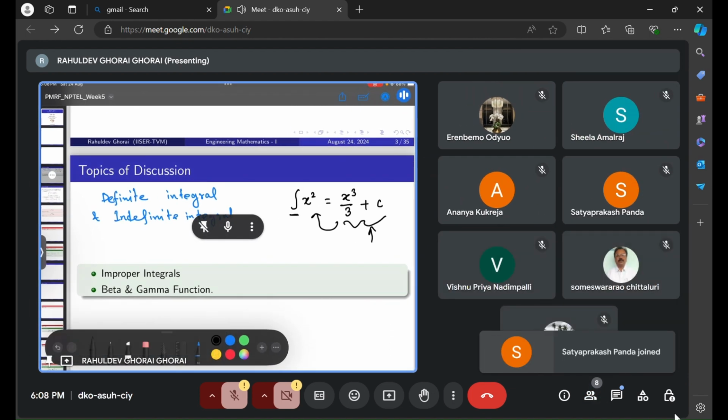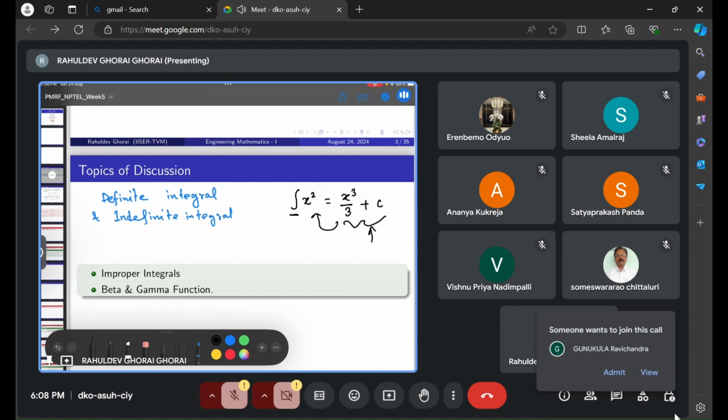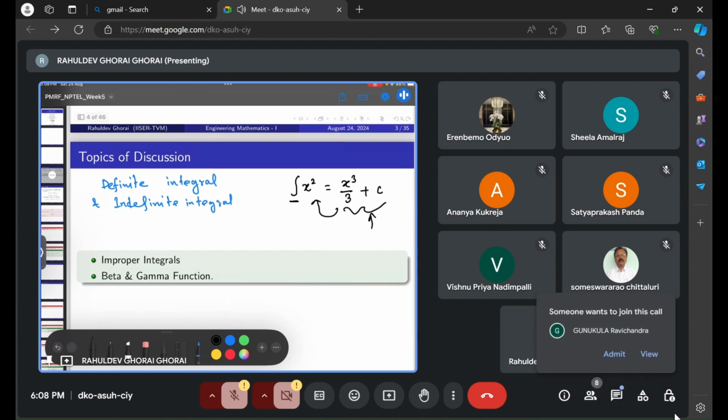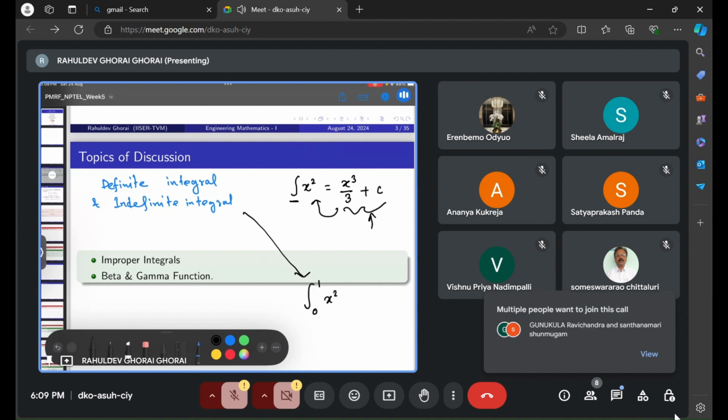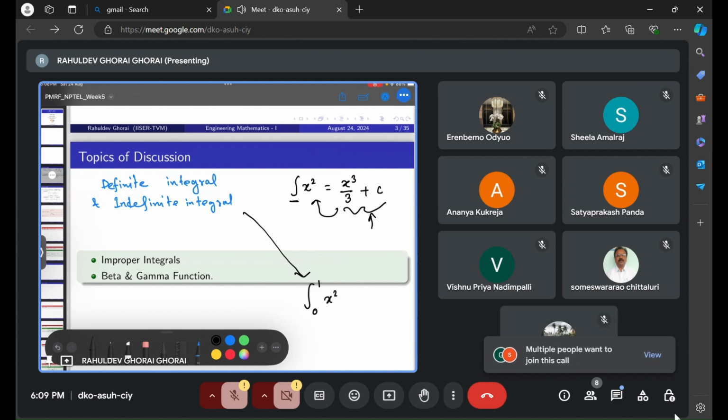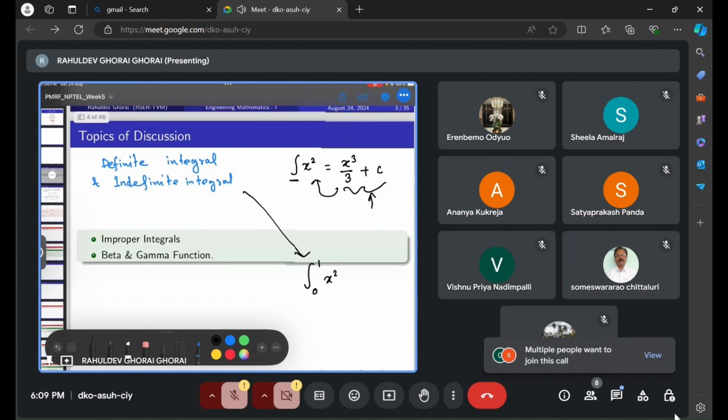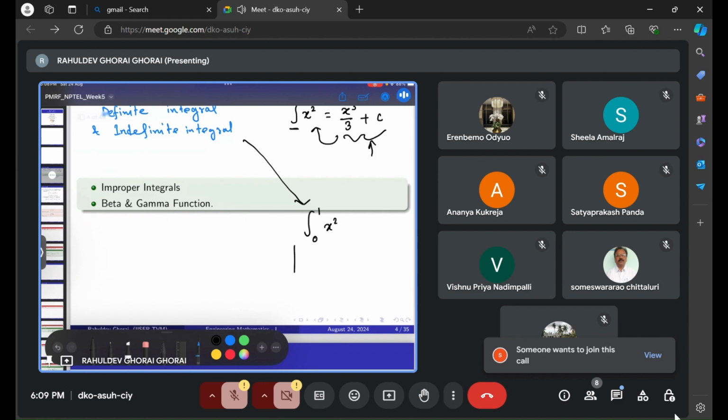But if you go for the definite integral, definite integrals are those integrals where a value will be there. If you take x square under the domain 0 to 1, this is a function y equal to x square, right?